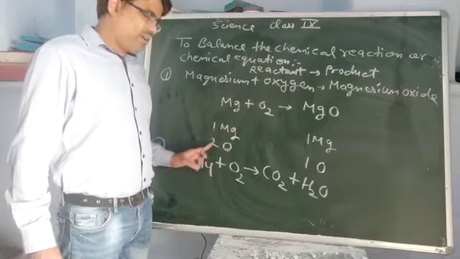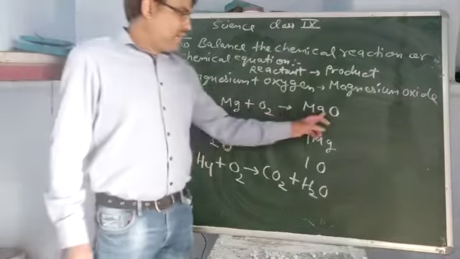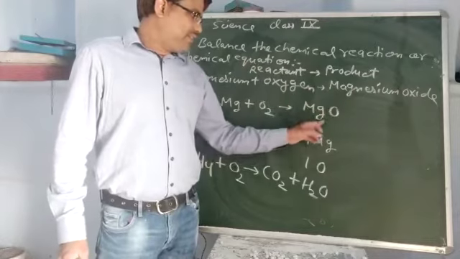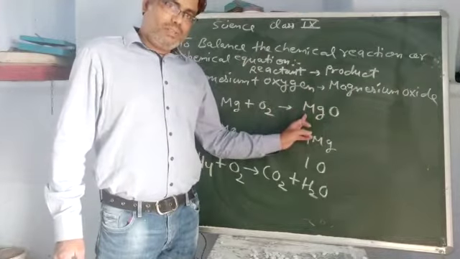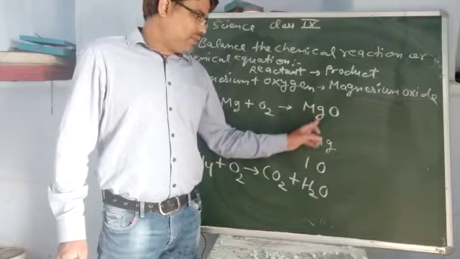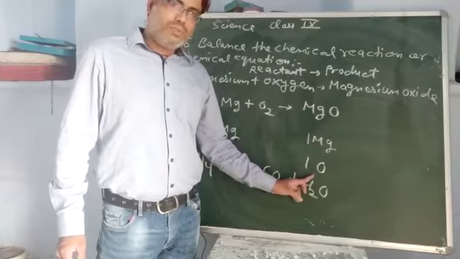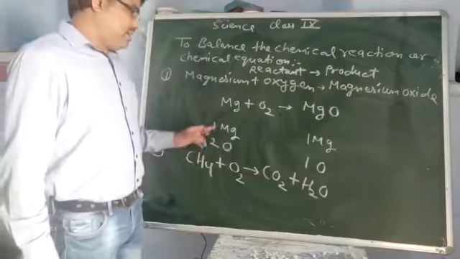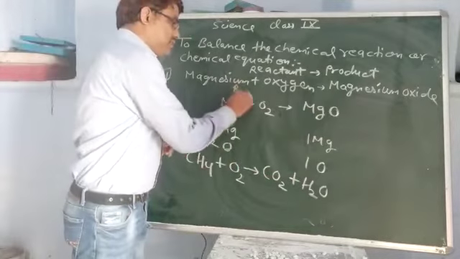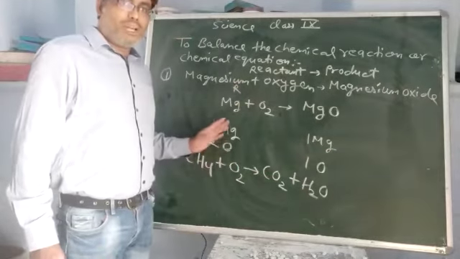On the product side, MgO has only one magnesium atom and one oxygen atom. So there are two oxygen atoms on the reactant side, and it is not a balanced reaction.